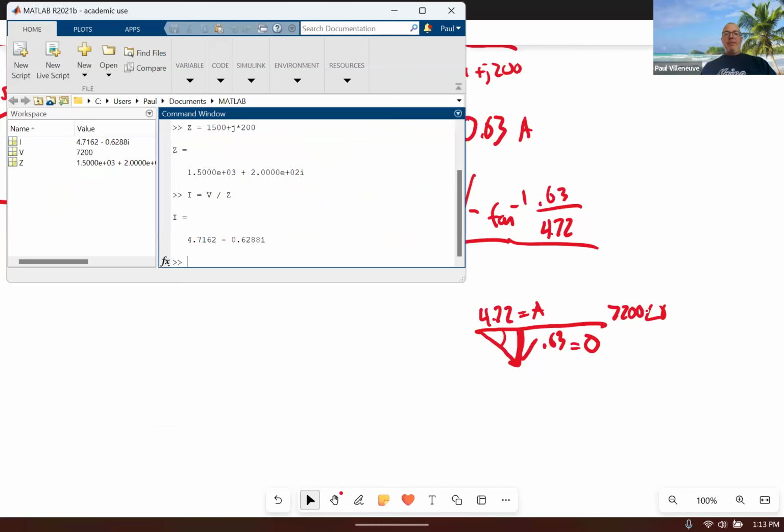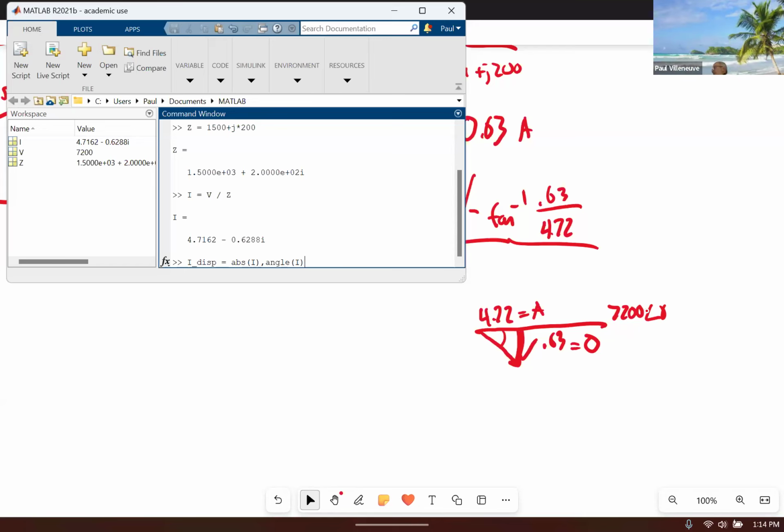I'm going to use MATLAB. And I'm going to say, we'll call it, I just like to use the term display. Another way to say magnitude is the absolute value of I. And if I want the angle, I can put the angle of I. There's one problem.